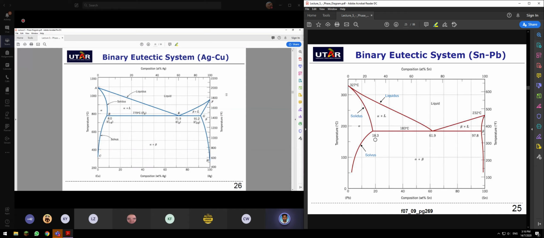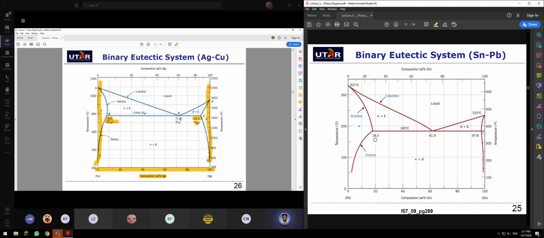Another example is silver and copper. Please, you can interpret this. This whole line shows the concentration of silver, so this is 100% silver and this is pure copper. This is the eutectic composition for beta, which is silver.